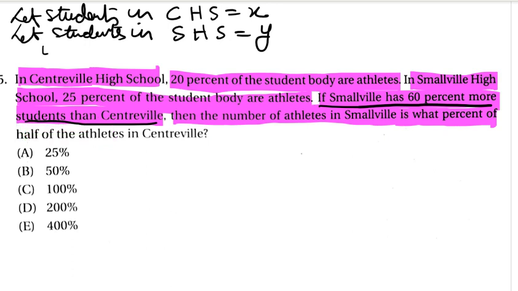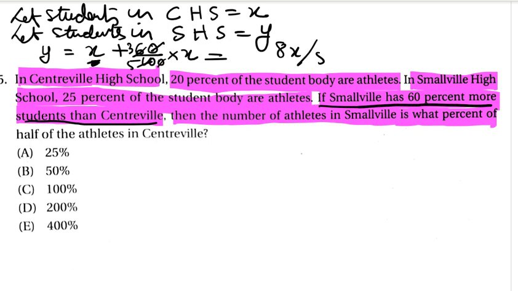So y is equal to x plus 60 by 100 into x, 60% of x. Cancel them out. 2 3s are, 2 5s are, more than 60%, more than who? More than the CHS. So that's why x is added. So that is coming as 8x by 5.